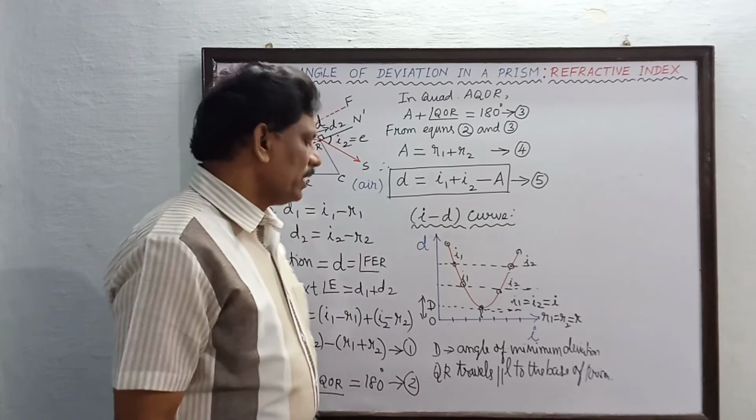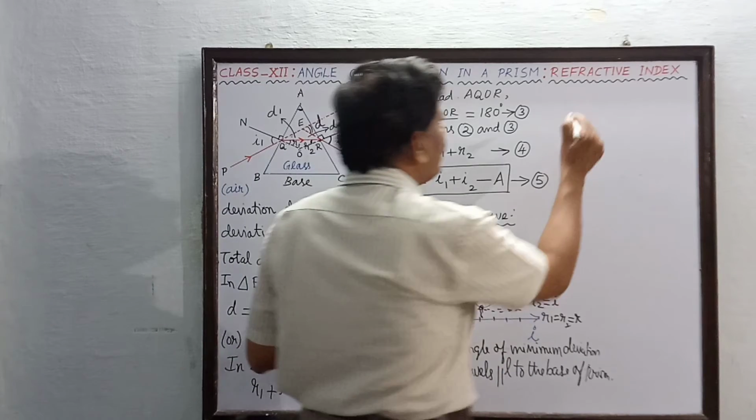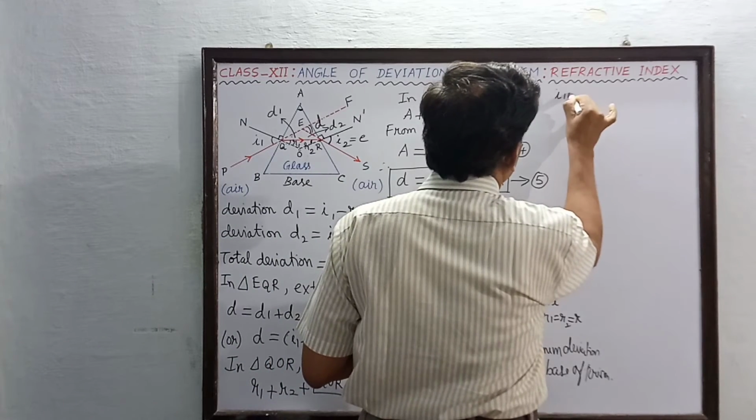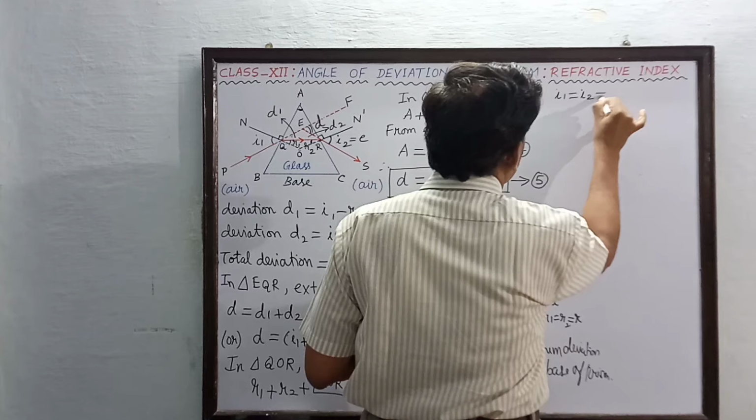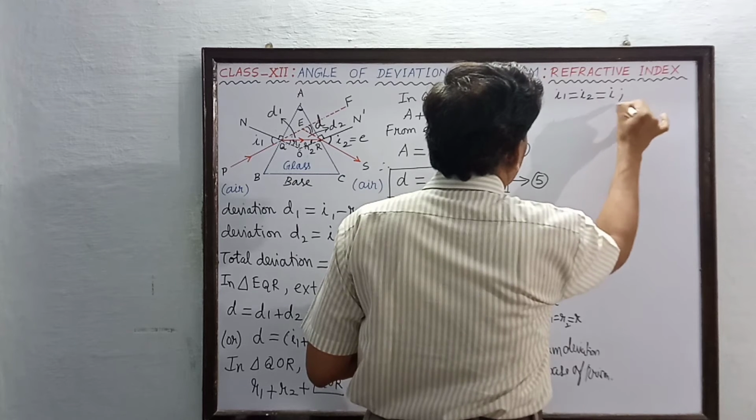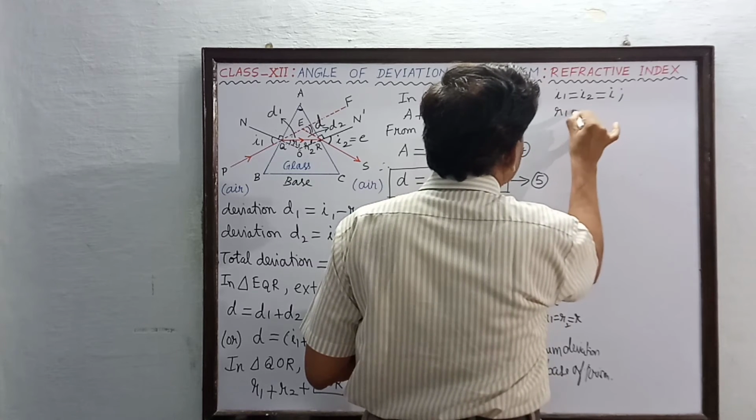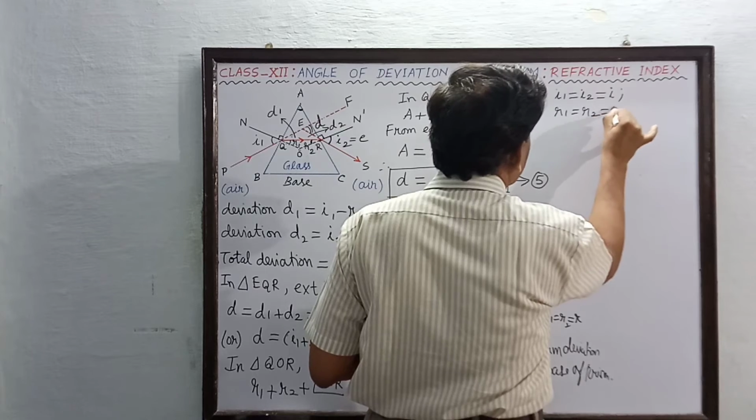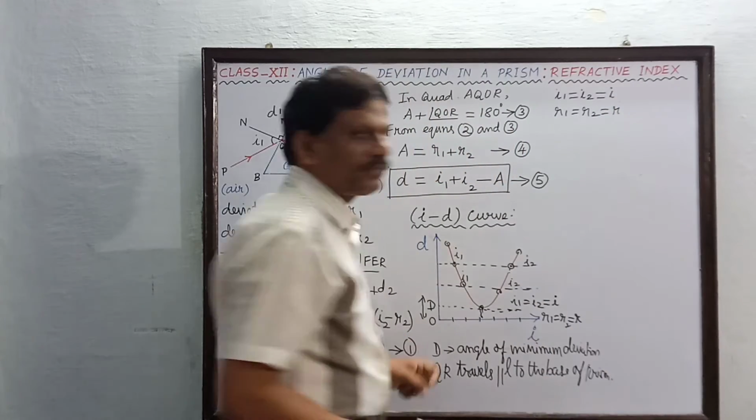Now at this minimum deviation position, I1 is equal to I2 is equal to I, and R1 is equal to R2 is equal to R.